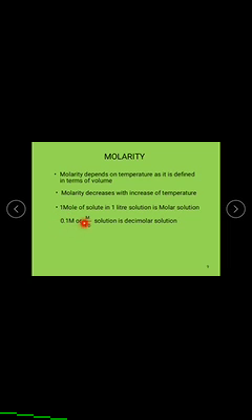If it is 0.1 M, or M by 10, the solution is called a decimolar solution. If it is 0.01 M, or M by 100, it is called a centimolar solution. If it is 0.5 M, or M by 2, it is called a semimolar solution.